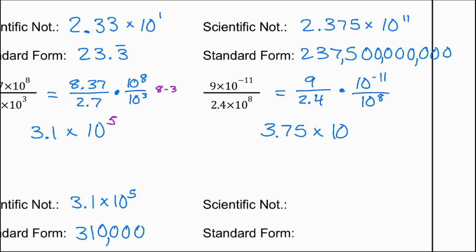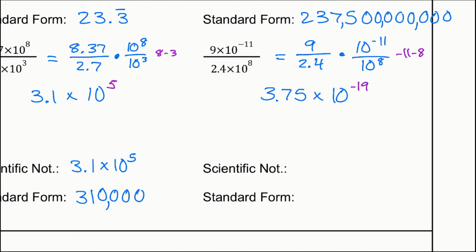Second number, that exponent is going to be hilarious. So what we're going to do is we're going to take negative 11 minus 8, which gets us a negative 19. I'm going to be real with you. I'm not going to do the standard form of that one because it's going to be ridiculously long. So scientific notation will be all I do on this one.